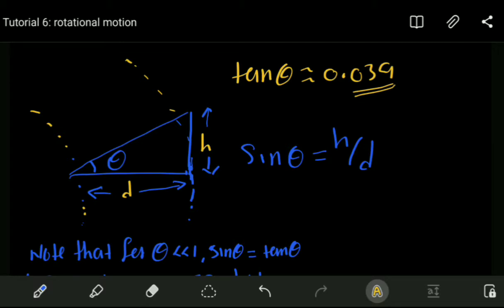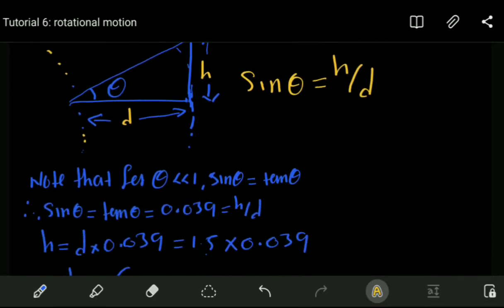So we have the first rail here, which is below, and then we have the second rail which is raised to a height h, and the distance between the two rails is d, which is 1.5 meters. So we have sin theta giving us h over d, and we're supposed to find the height in this case.